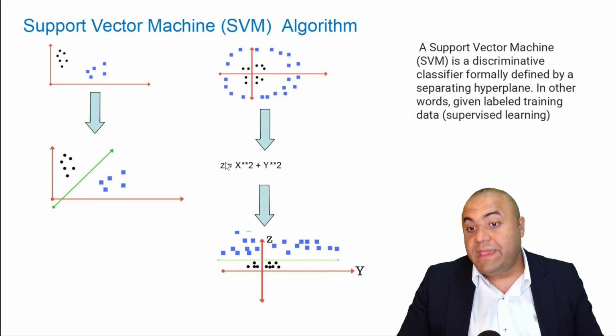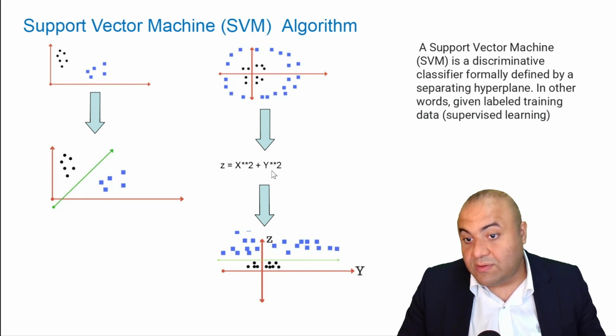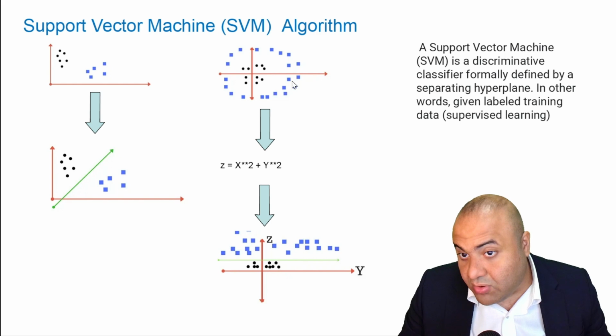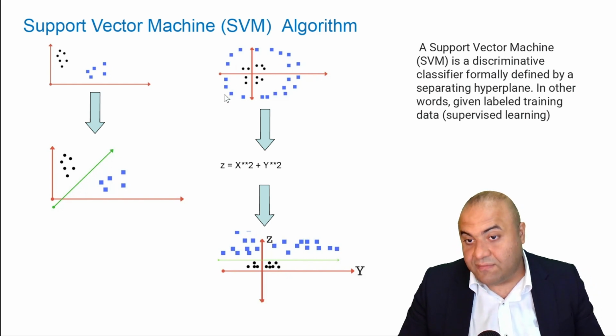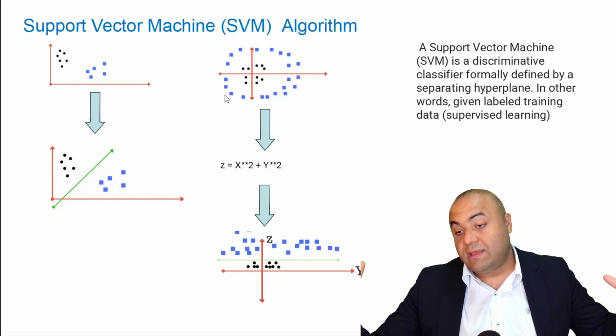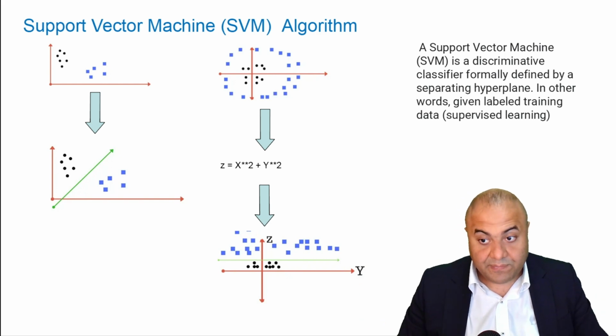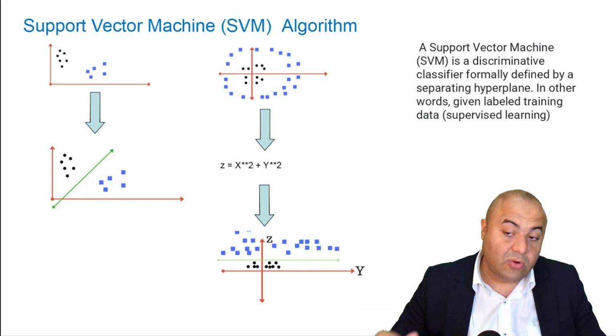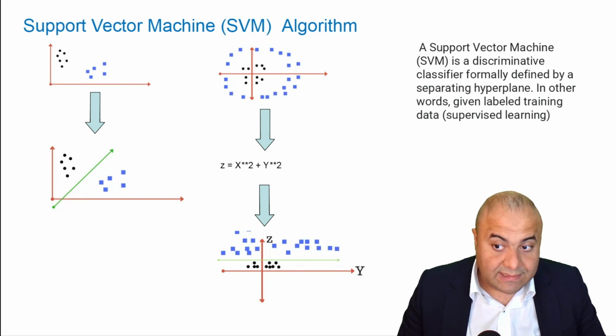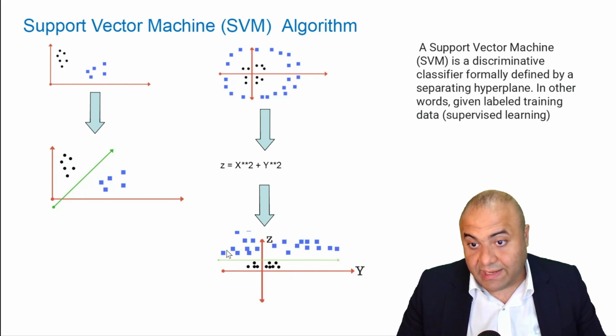So when we calculate x squared plus y squared, we can realize that the more the points are far from the center, the more it's going to be squared, so it will be raised up in the z direction. That will put these points in the upper location, and the points in the center will stay below.